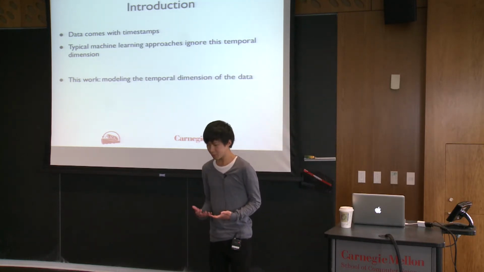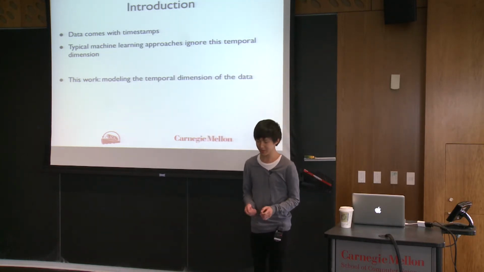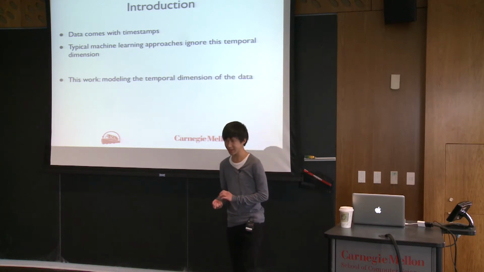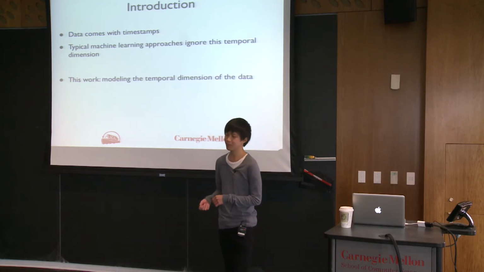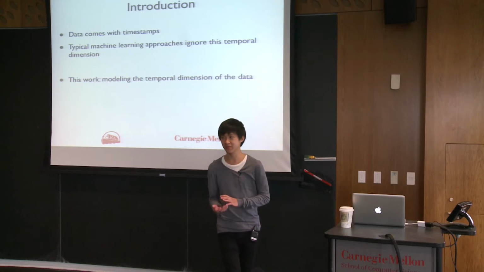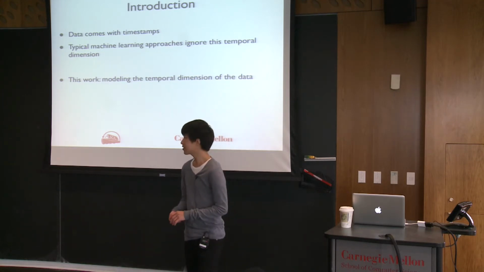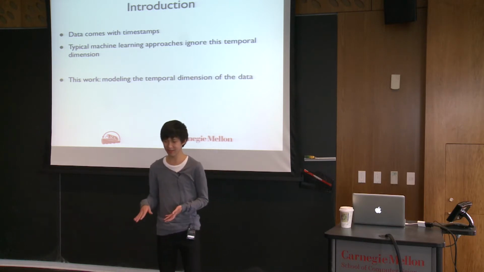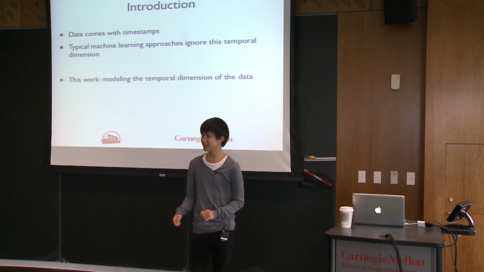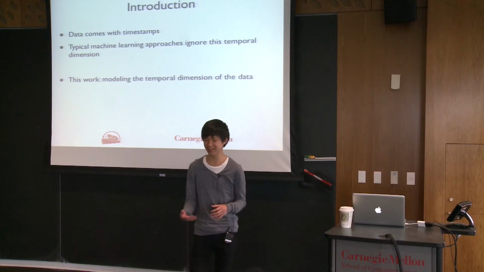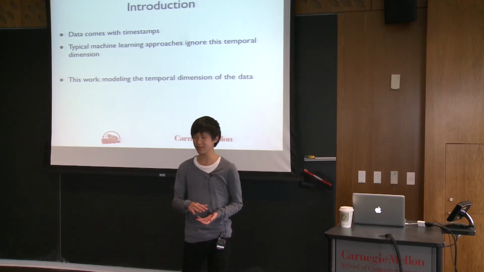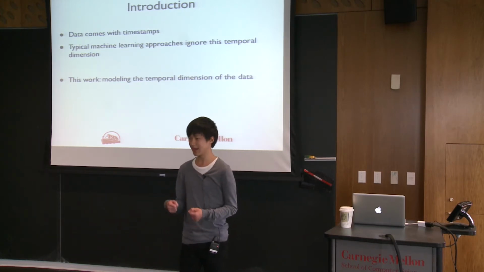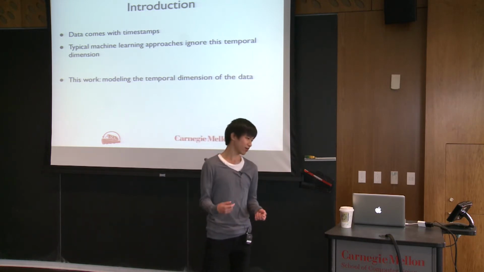When we collect data, we usually have the timestamp of the data, either when we get the data or when it was generated. But common approaches in machine learning usually ignore the temporal dimension of the data. So we usually just proceed as if they are IID samples from some distribution and learn a model.